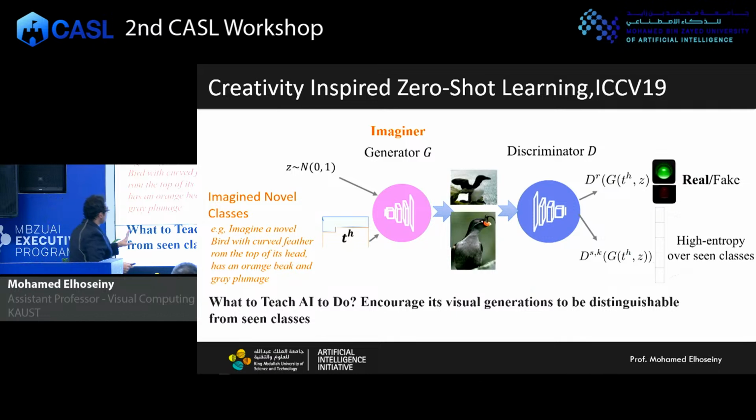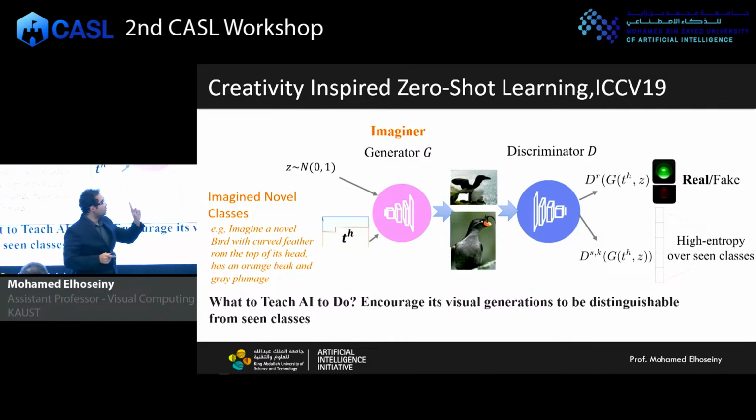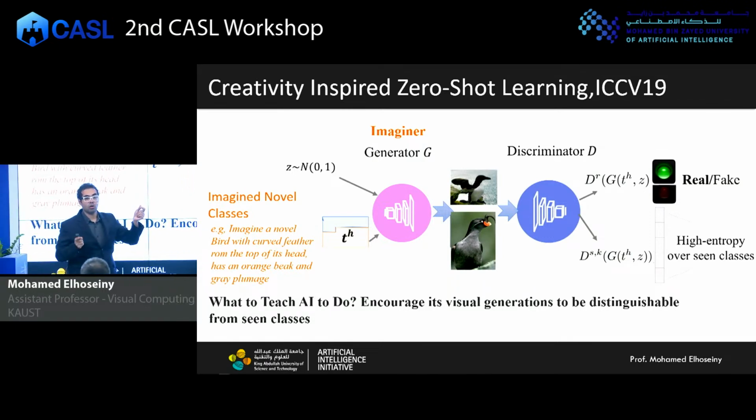This will produce TH, and TH will produce visual generations. I want these generations to be realistic, so I still want to trick the discriminator into believing these images are real. In the meantime, I want the model to know that this is not one of the seen classes.